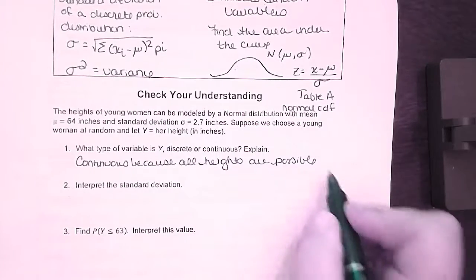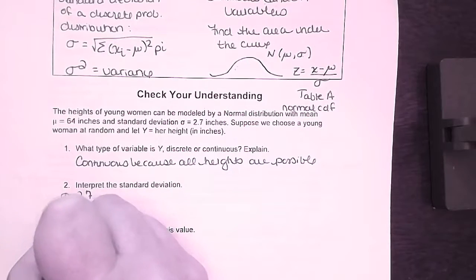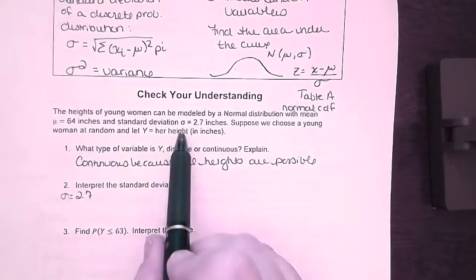Okay, the standard deviation is 2.7. So when we have a standard deviation of 2.7, what is the interpretation of that? Now this is a good thing that you guys need to be able to tell me. What does the standard deviation mean in words in the context of this problem?